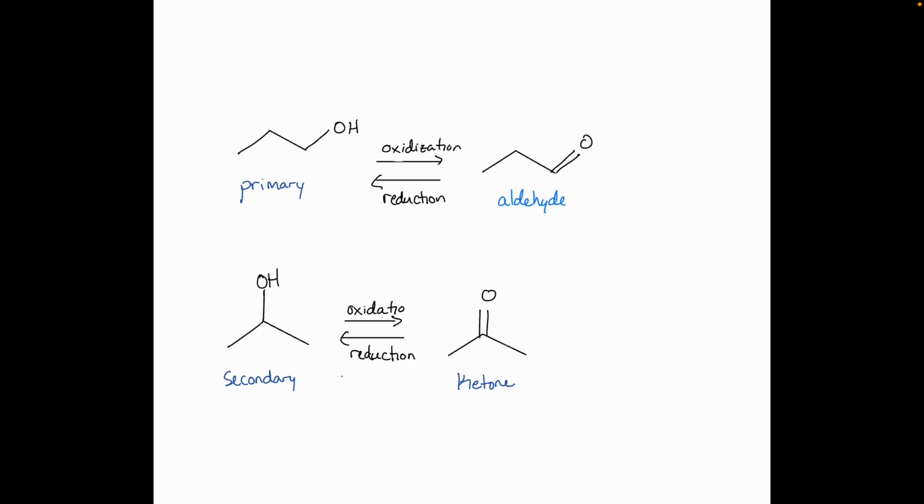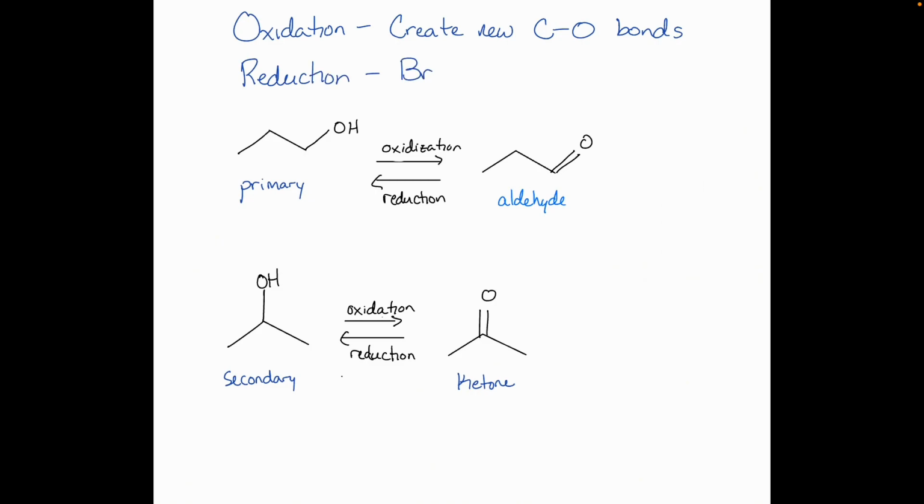Going the other direction is what we call a reduction reaction. We've talked about oxidation before. Oxidation reactions create new carbon-oxygen bonds. Reduction reactions are the opposite. They break carbon-oxygen bonds.